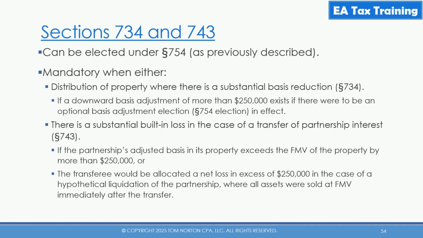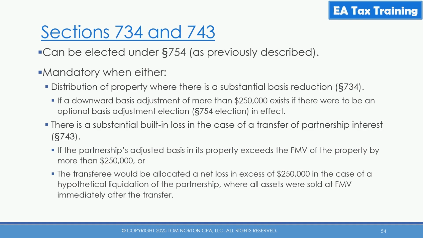So remember, this is where we have fair market value being less than adjusted basis. So if you've got one of those adjustments that's greater than $250,000, then even if you didn't make the 754 election, you still have to adjust the basis of those assets downward to their fair market value.